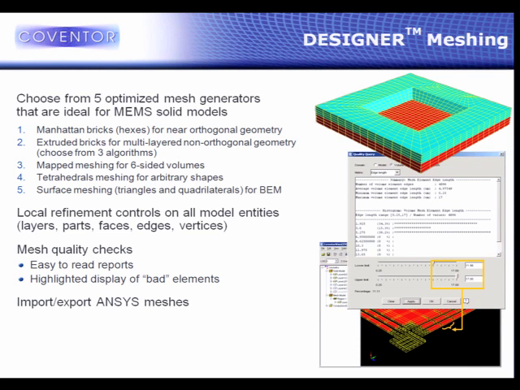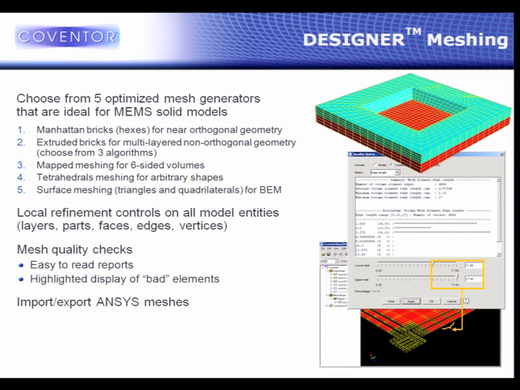That'll work. There's a brick mesher that does extrusion for cases where Manhattan doesn't work, and it'll extrude through multiple layers. Sometimes the best way to get a mesh is with map meshing, and you have to decompose the geometry into 6-sided parts.